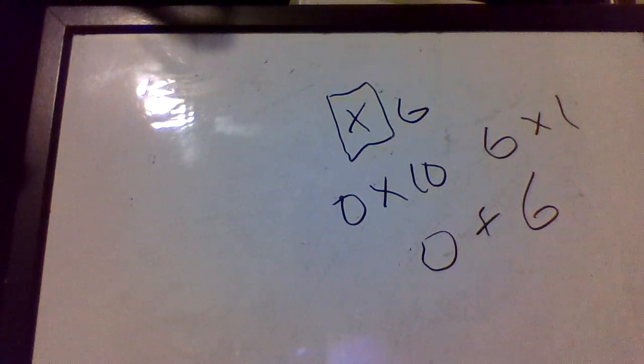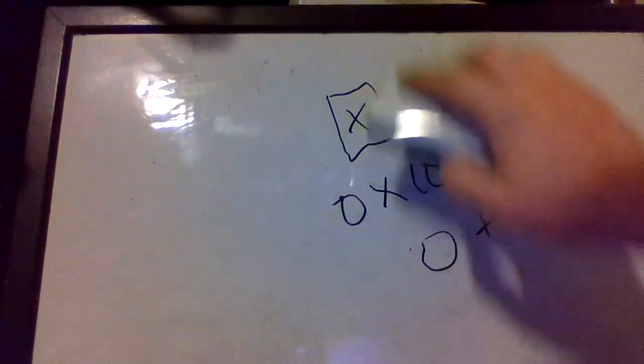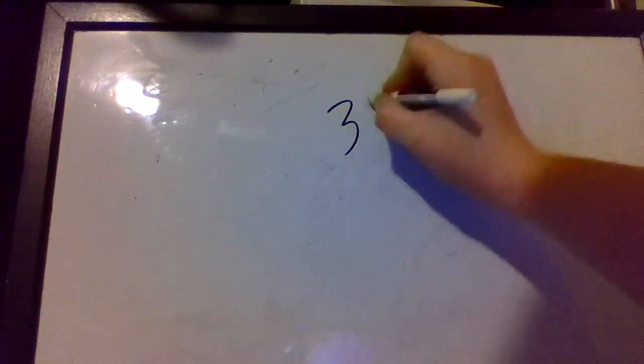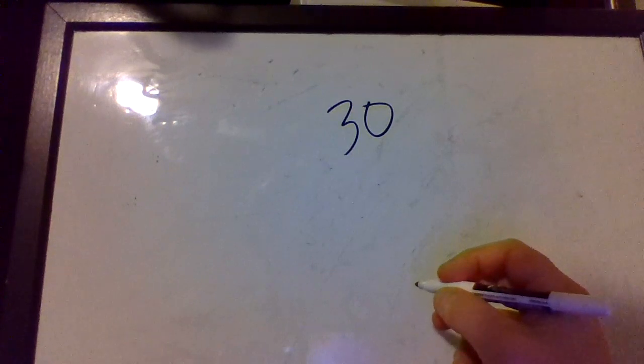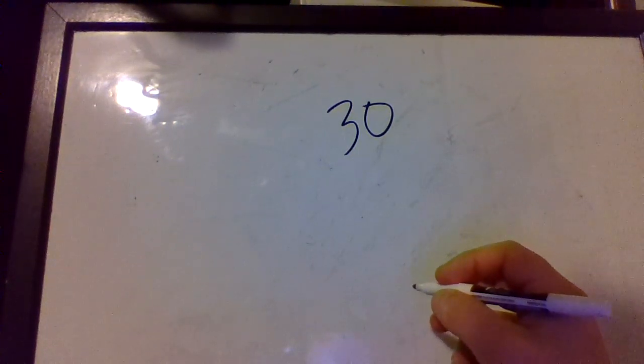Alright, so that's the first odd example that I want to look at. The next one, let's say that we have a number such as 30. Okay. So we have how many groups of 10?